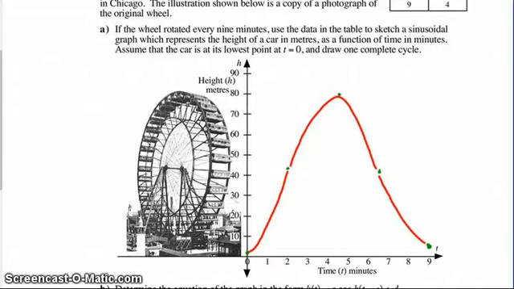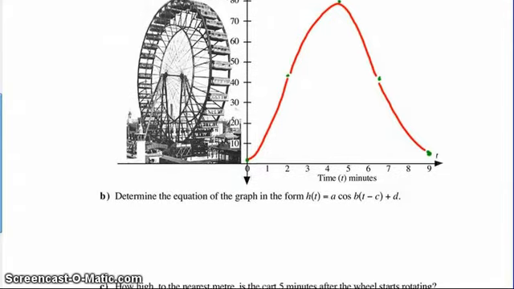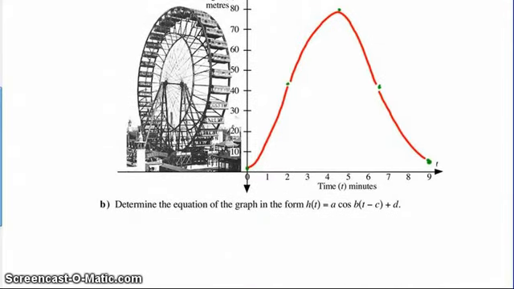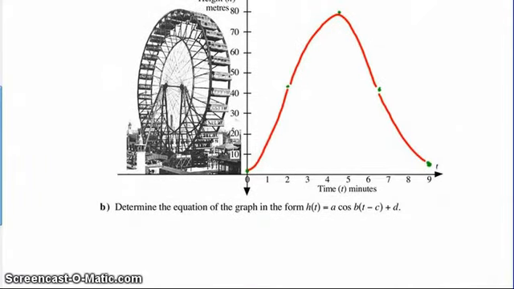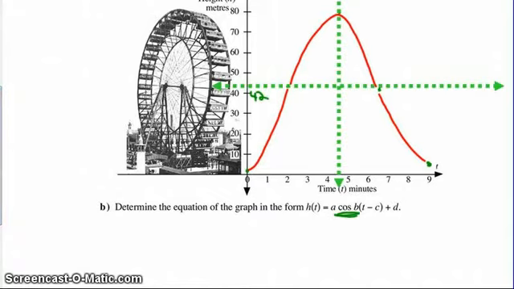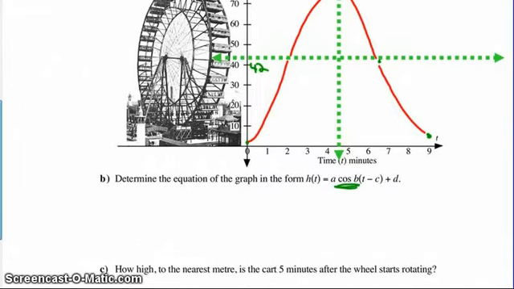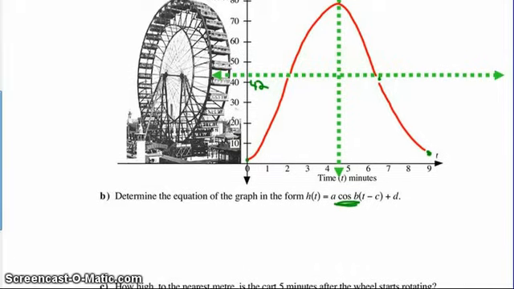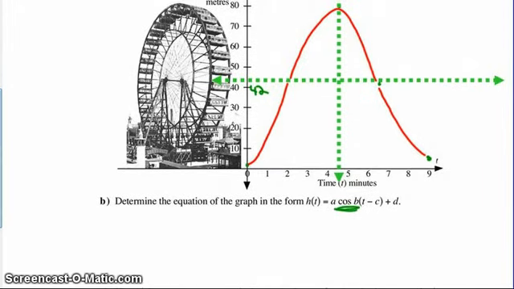Now that you can see the picture, it becomes a lot easier to create the equation of this function by considering amplitude, phase shift, period, and vertical shift. If you consider our imaginary axis about where this graph is, I have to consider that this curve is speaking about cosine, as you can see right there.